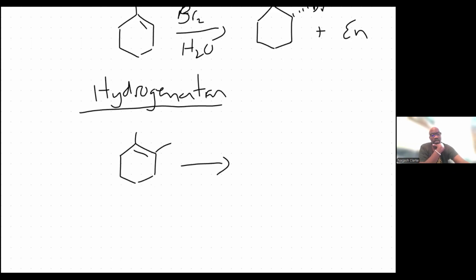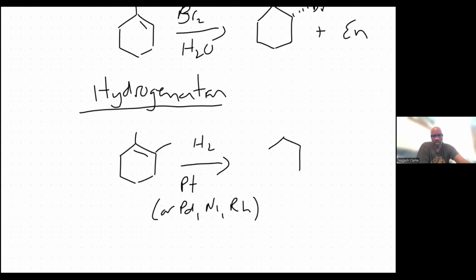It's H2, and I could use platinum or palladium, nickel, or rhodium. Those are the classic ones. There are some newfangled ones now that can give you some stereospecificity with your product, so we're not going to worry about those.